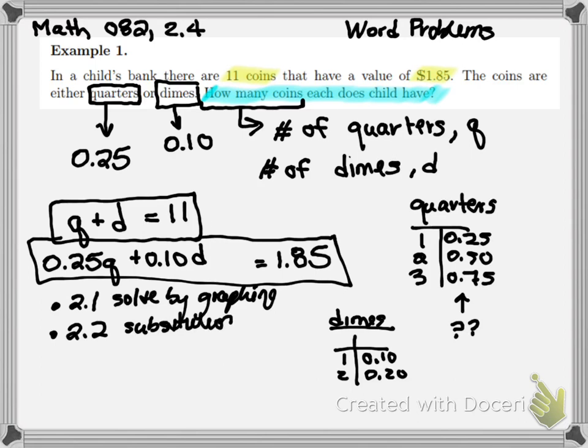So what I'd have to do is solve for Q or D in the first equation and then put that into the second equation. Or I could use elimination, which I think the textbook refers to as addition. I don't like that term, so I use elimination, okay? But they're referring to the same process, okay?